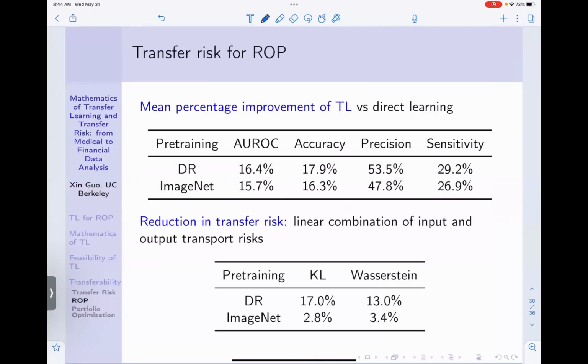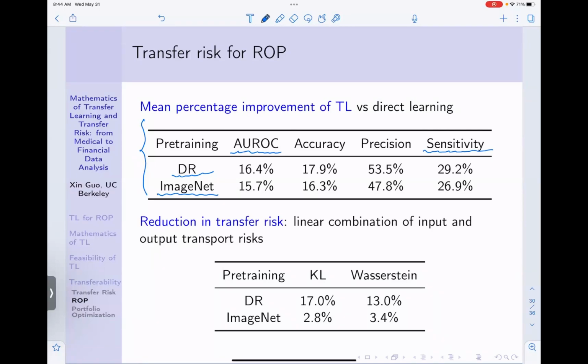But all in all, we put these axioms into the framework, going back to the analysis we had in the ROP and DR. Remember that when we did the transfer learning in ROP and DR, we showed the improvement of using DR or using the generic image. According to the confidence of how sure your classification is right, this is ROC, or how much sensitivity, how many you can classify.